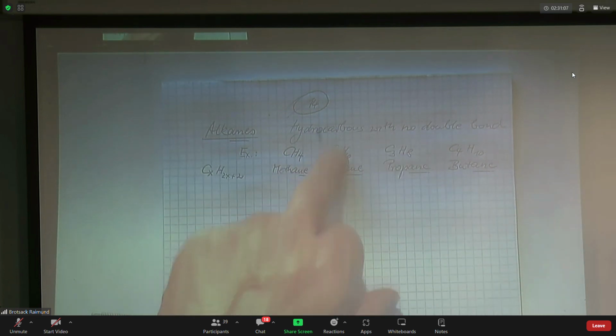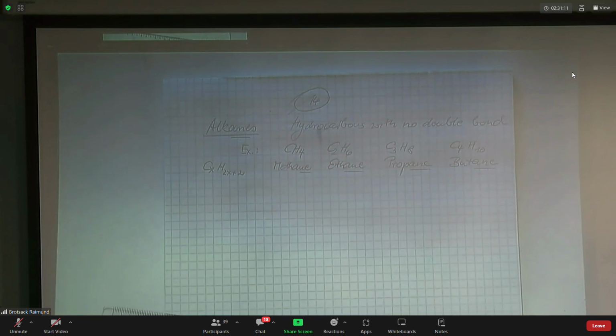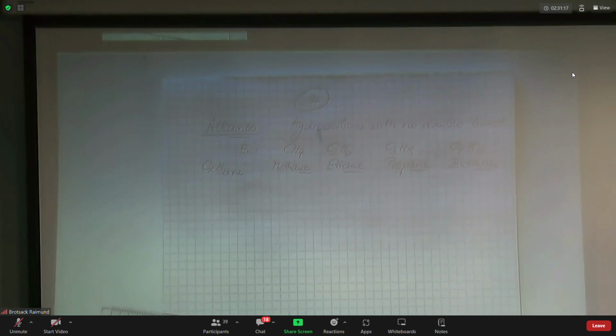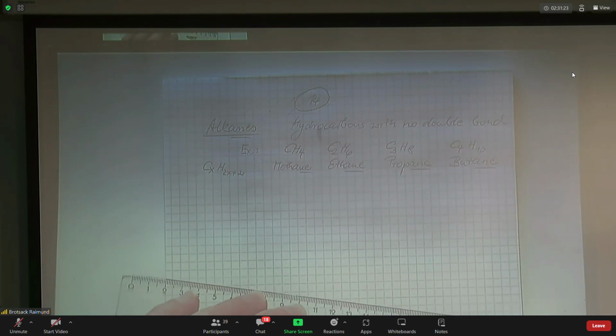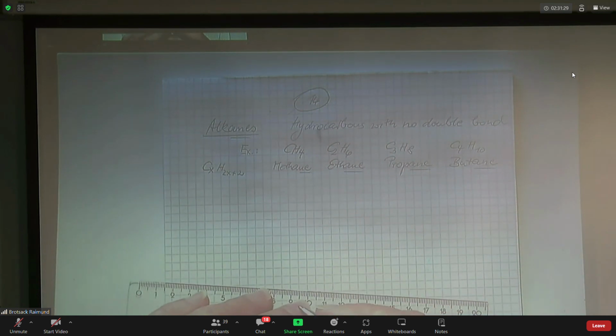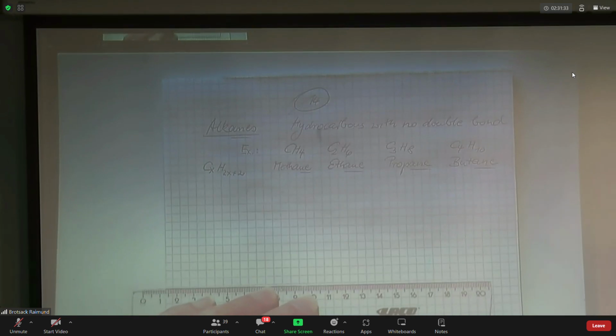For 2, 2 times 2 is 4 plus 2 is 6, right? For 3, 6 and 2, 8. For 4, 8 and 2, 10. The structure is CxH2x+2. That's the sum formula. And they just have only sigma bonds.